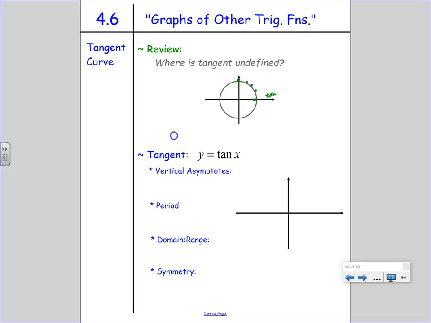Okay. Tangent of 0 is 0. Question, what's tangent of pi over 6? Good. Square root of 3 over 3, which is approximately 0.5-ish, maybe a little bit less. What's tangent of pi over 4? What's tangent of pi over 3?